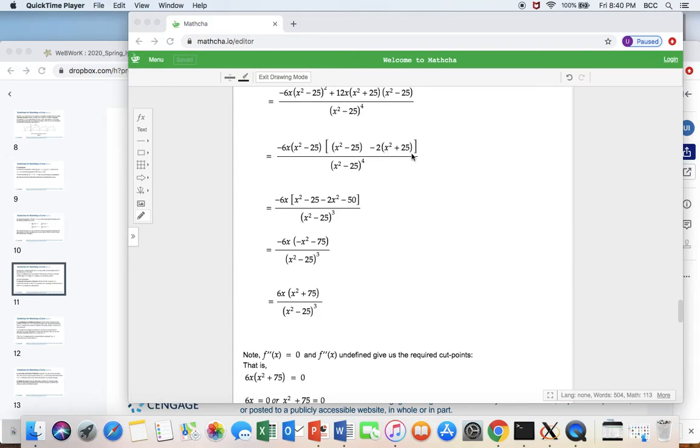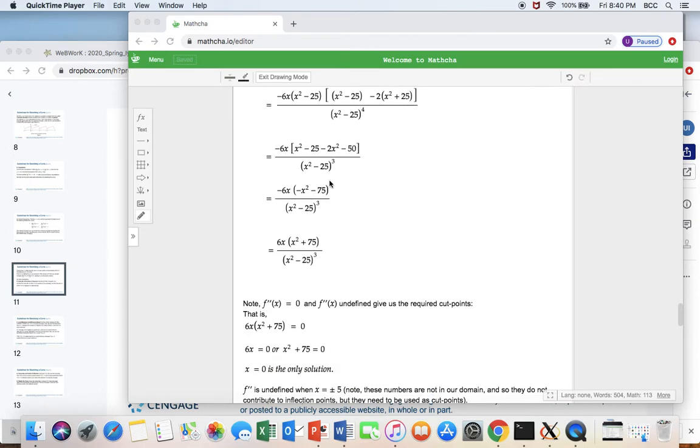Let me open this out inside. So that's x squared minus 25 minus 2x squared minus 50. Going strong: x squared minus 2x squared is negative x squared, and minus 25 minus 50 is minus 75.